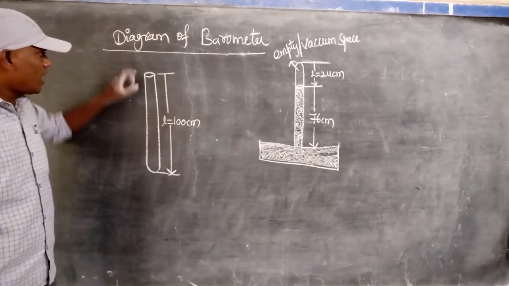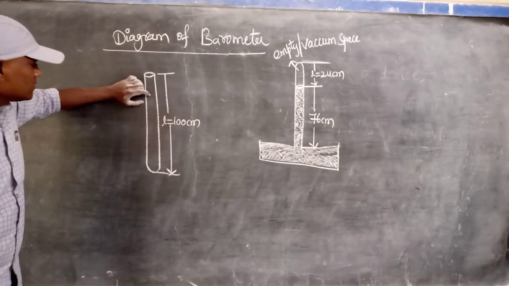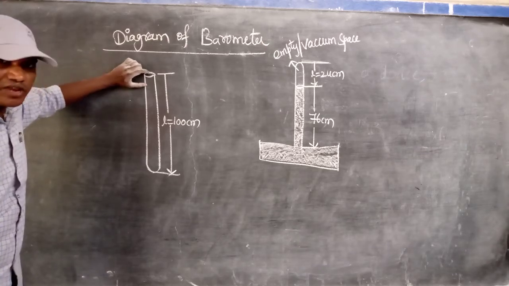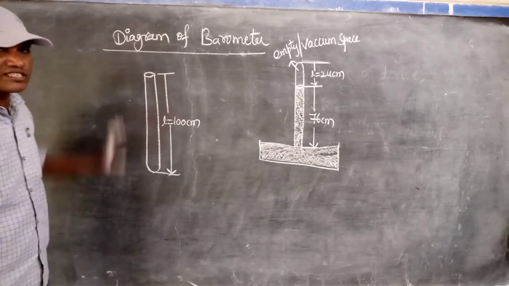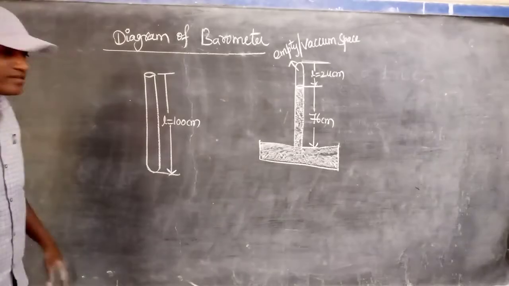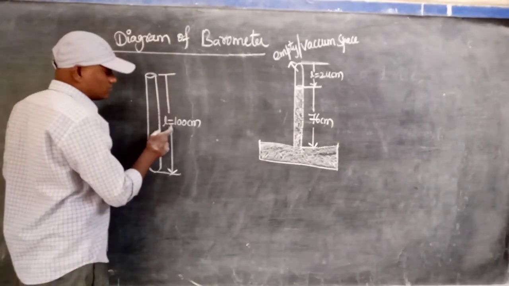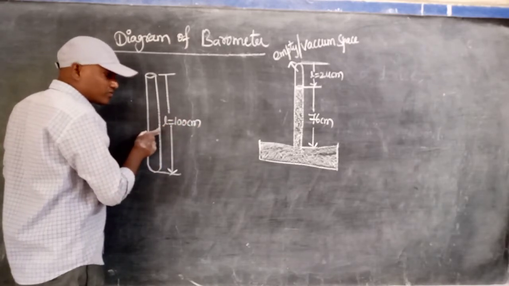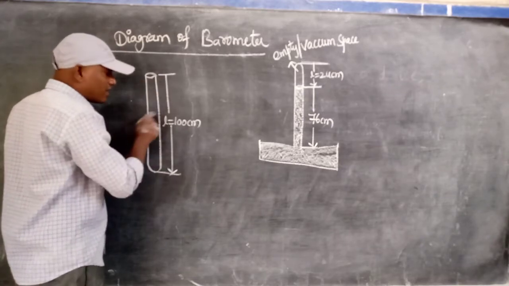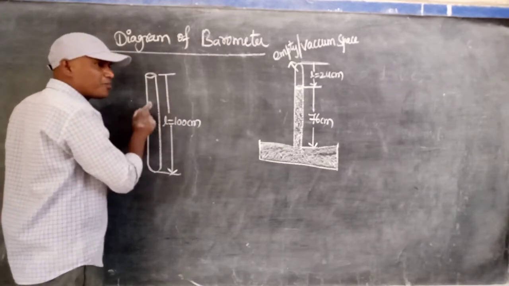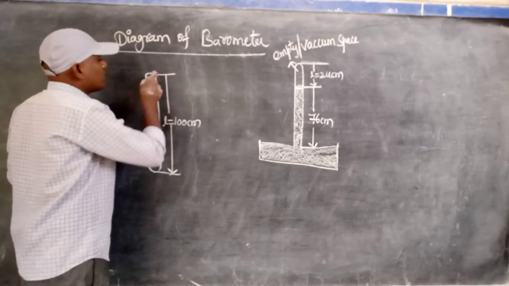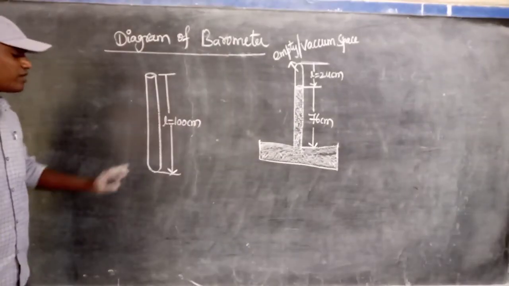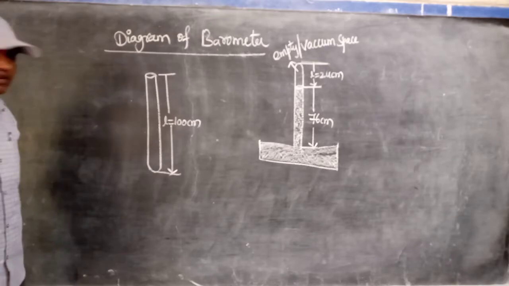One side is closed, another side is open, and the glass tube is completely filled with pure mercury at room temperature, up to the brim, without formation of any air bubbles or any space. That is called a barometer.